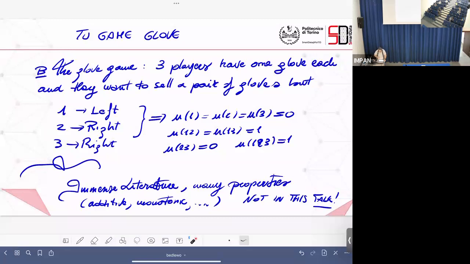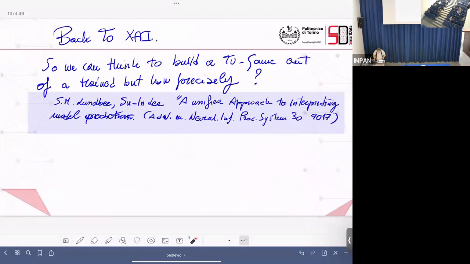I will not go on with this. As you can imagine, there is something enormous on this. There are books, thousands of pages, a lot of definitions, classifications. A game is additive, subadditive, monotonic, cohesive. That part I find quite boring, but it makes sense.